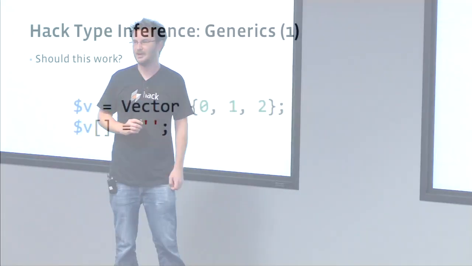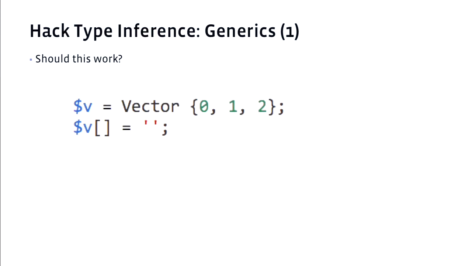Now, this mechanism can lead to surprising results. So here's an example of surprising results, right? When you write this code, vector is a collection type. There'll be a talk about this later, but you can see it as an array, okay? So when you see this code, $v called vector of 0, 1, 2, 3, you have a mental model that says, this is a vector of int, of course, right? It's a vector and only has integers in it. And then I add a string to it, and Hack is not complaining.